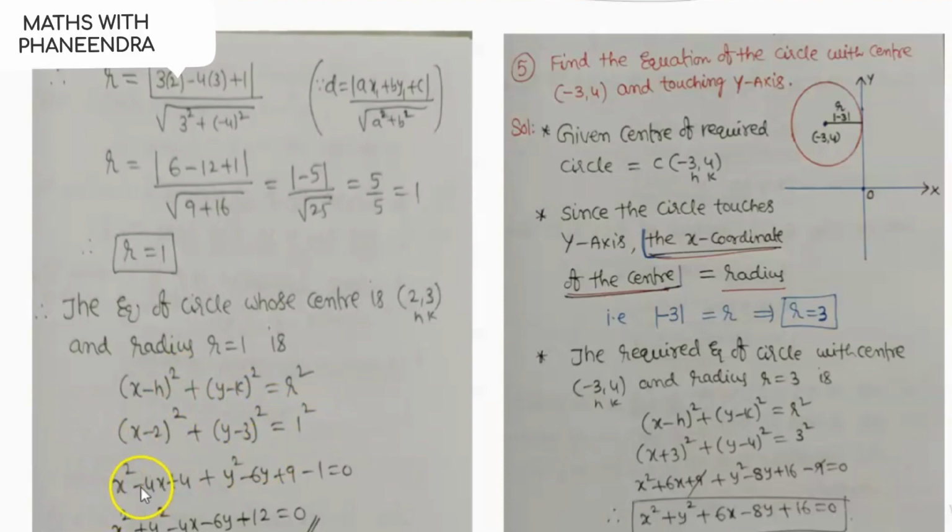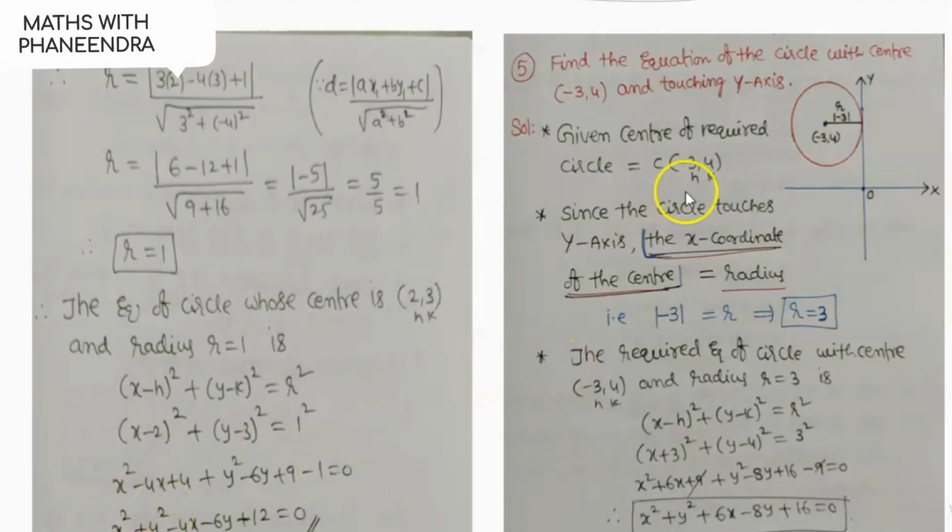That is expansion of a minus b whole square: x square minus 4x plus 4 plus y square minus 6y plus 9. That 1 square you can take as minus 1 equal to 0. So x square plus y square minus 4x minus 6y, 9 plus 4 is 13, minus 1 is 12, equal to 0. This is the required equation of circle whose center is at (2, 3) and touching the given line.